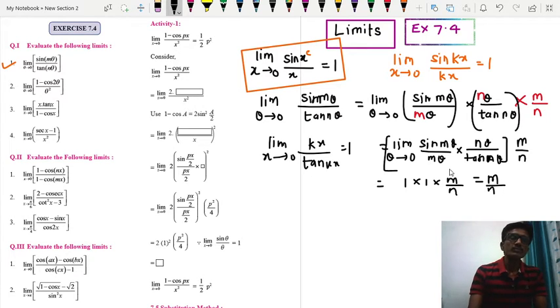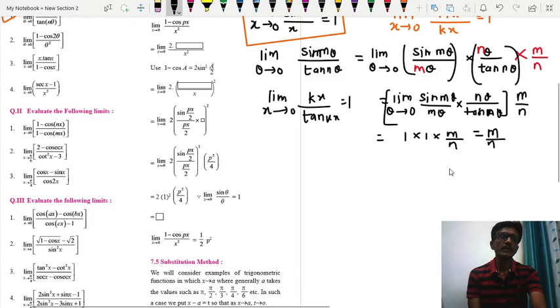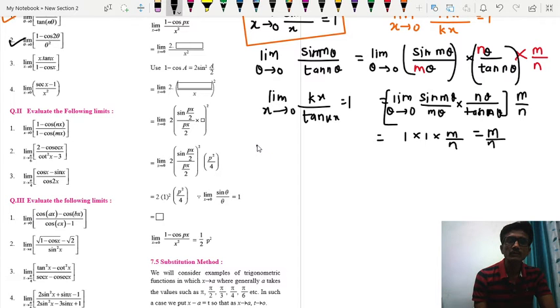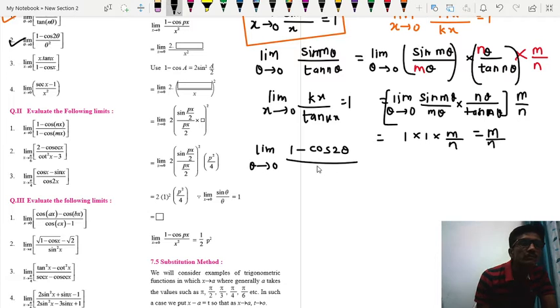Now we do the next question. Next question is limit theta tends to 0, 1 minus cos of 2 theta upon theta square.